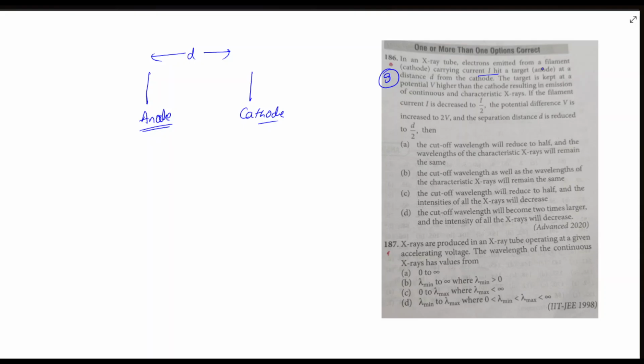The filament cathode carrying a current I hit the target.